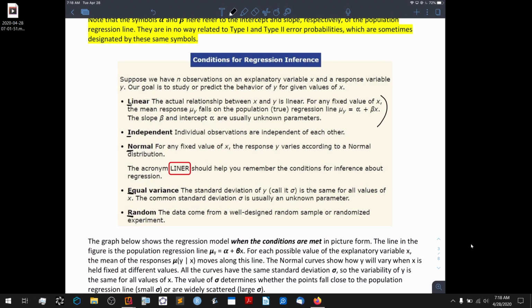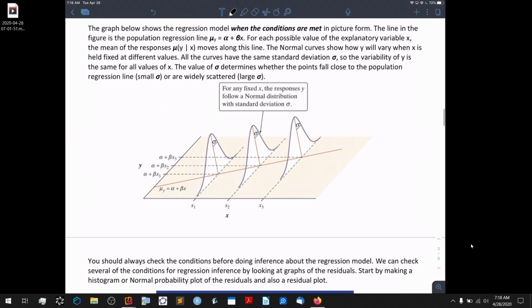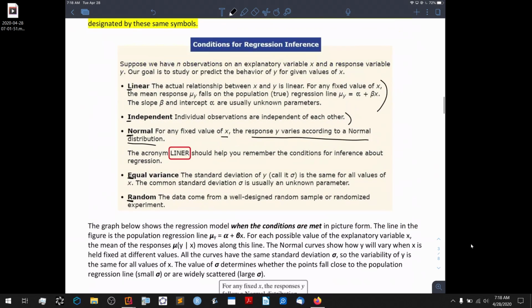Then independent: individual observations are independent of each other. Normal: for any fixed value x, the response y varies according to a normal distribution. That's this part right here. For any fixed x, this happens. And then equal variance: the standard deviation of y is the same for all values of x.